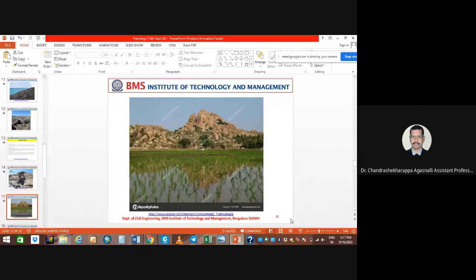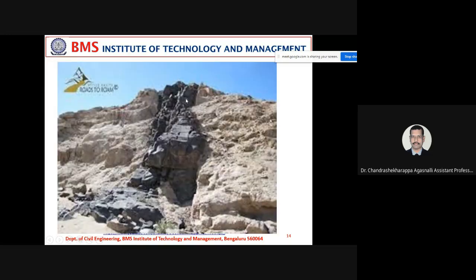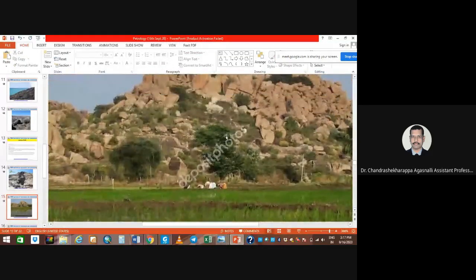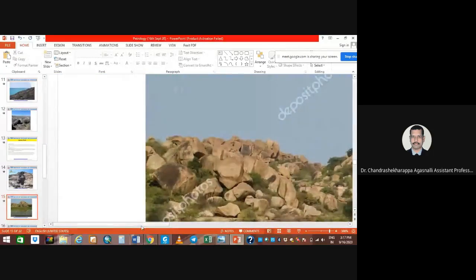Here is another very good rock exposure. See here, you can see this, right? This is completely a pillar. You can see this is completely granite. This type of exposure you can see in the districts surrounding Bangalore, even in Bangalore also. But because of urbanization, you can't see much of this actually.